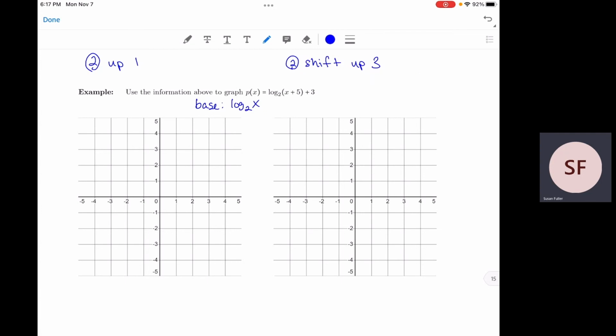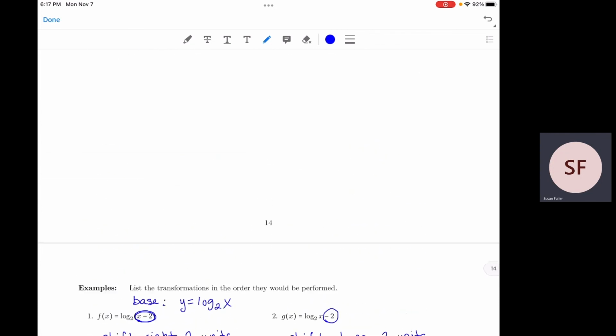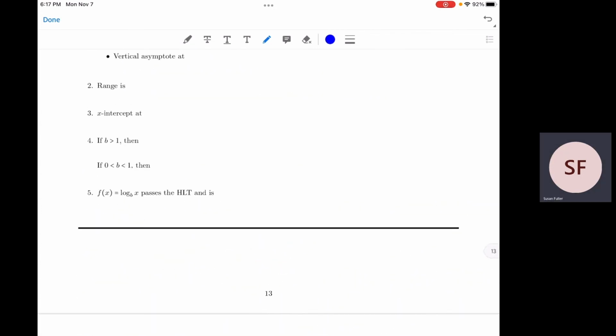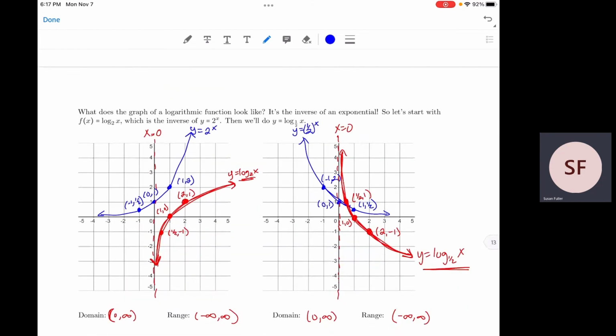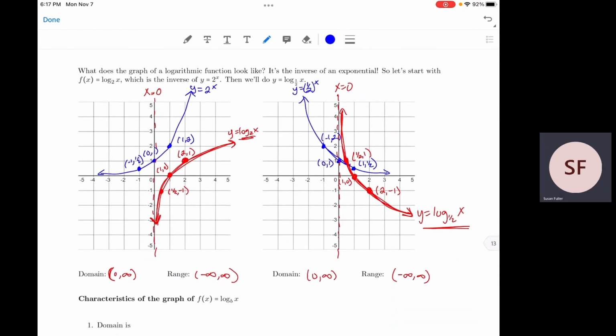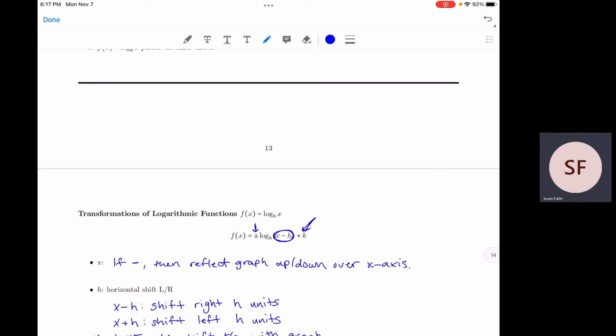And we just did this one up here. So log base 2 of x, that's going to look like this red one here on the left. I'm going to have the points 2, 1, and 1, 0. I'm going to start with those as the points for my logarithm.